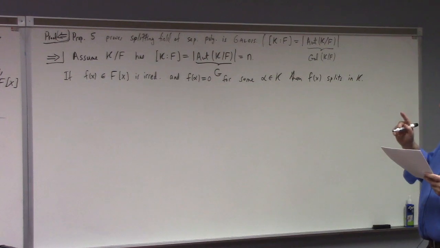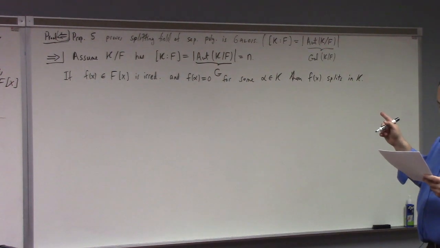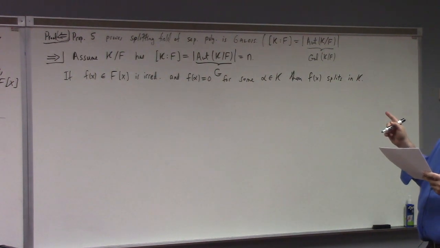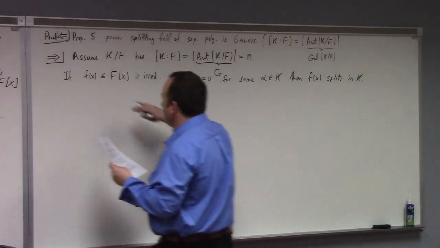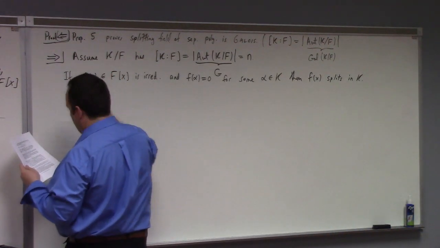So we're going to let alpha be that root of the polynomial p of x.